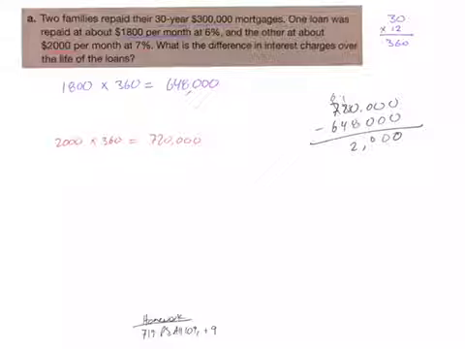It's going to be a 6, 11. So $72,000 difference because of a 1% interest rate change. So you're like, oh, it's just a 1% difference. Well, it's a $72,000 difference over 30 years.